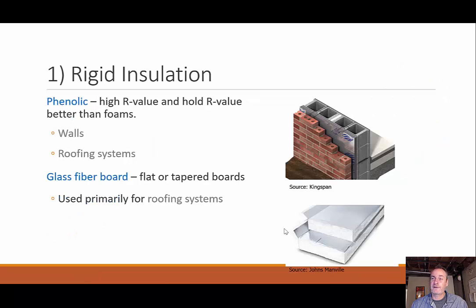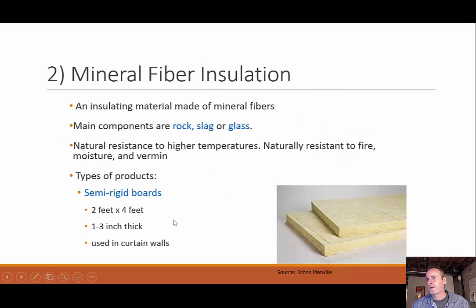We have our phenolic. This has a much higher R value, and it's better than many of those foams that we were just looking at, used for walls and roofing systems. We have glass fiberboard. You could have either flat or tapered ends, primarily used for roofing systems.